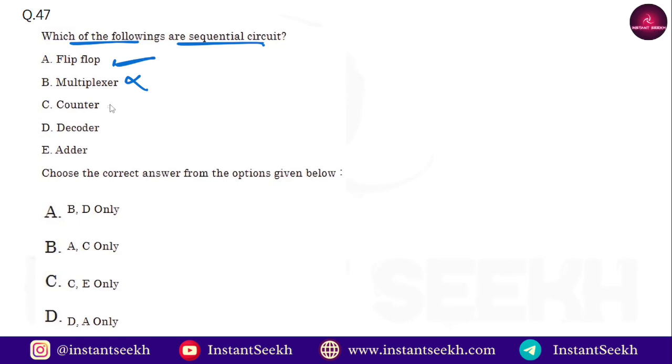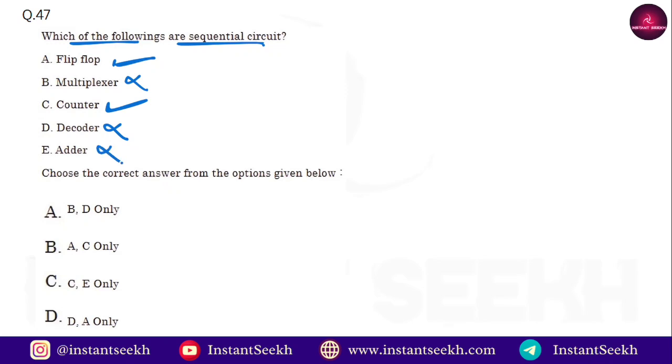Then counter. Yes, it is a sequential circuit, as it goes through a sequence of states. Then we have a decoder. Decoder is also a combinational circuit, not a sequential circuit, that converts binary information from n input lines to 2 raised to n output lines.